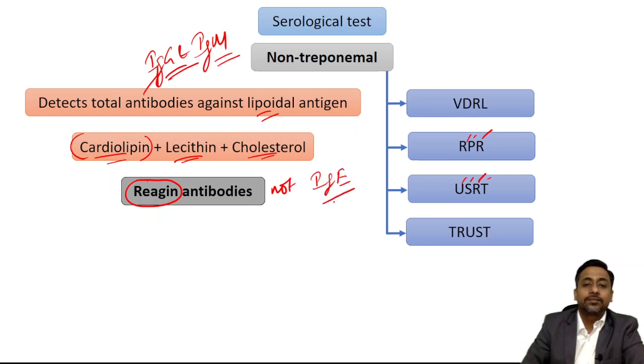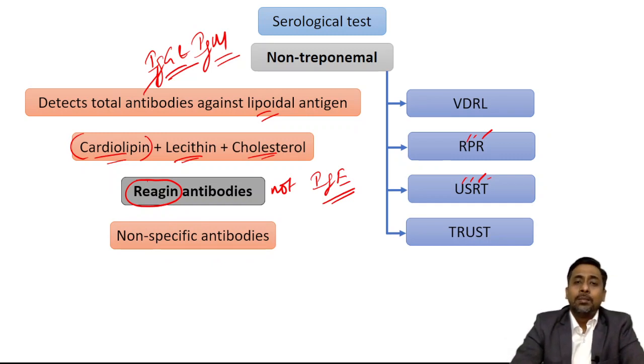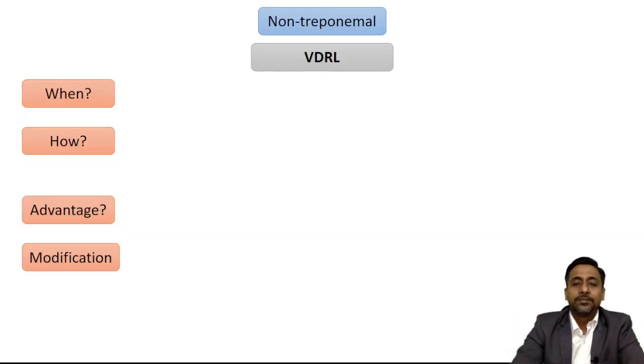And these antibodies are non-specific antibodies. That is why it is called a non-treponemal test. Why is it non-specific? Because the antigen, cardiolipin, is not specific to Treponema pallidum. It may also be present in mammalian tissue. That's why this antibody is non-specific.